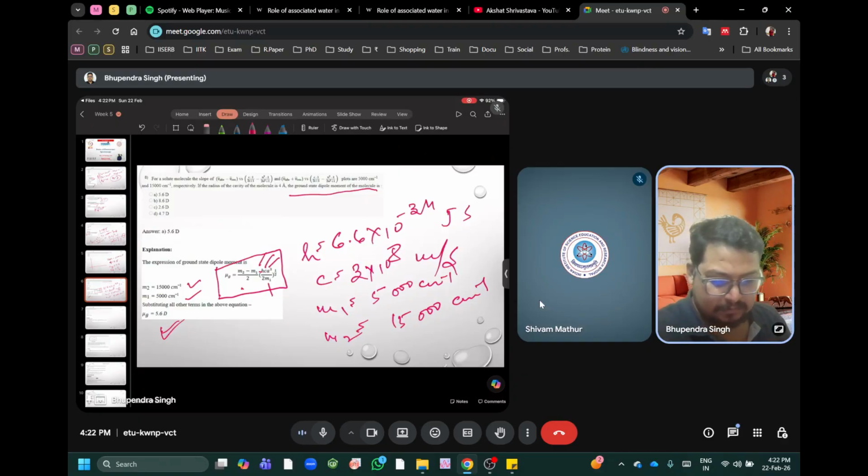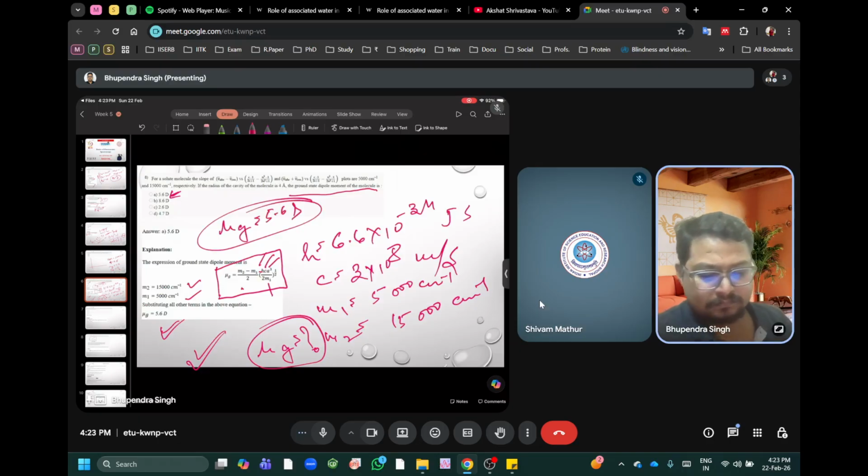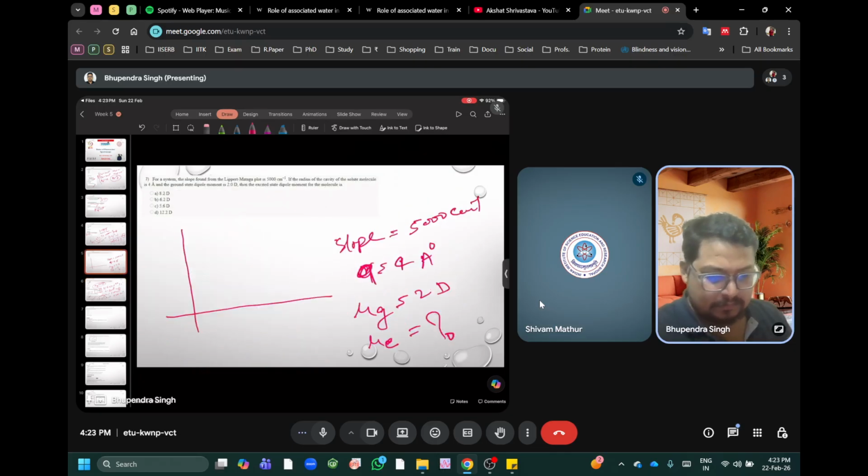And simply you will calculate the ground state dipole moment. This is fine. The answer will come out to be 5.65. This is okay. Slope is given.